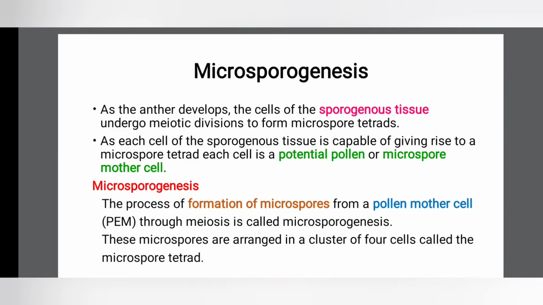Now, what is meant by microsporogenesis? The process of formation of microspores from a pollen mother cell, that is PMC, through meiosis is called microsporogenesis. These microspores are arranged in a cluster of four cells called the microspore tetrad.